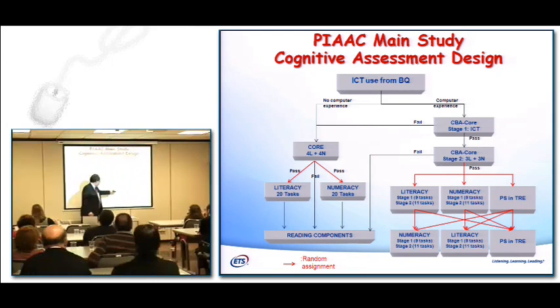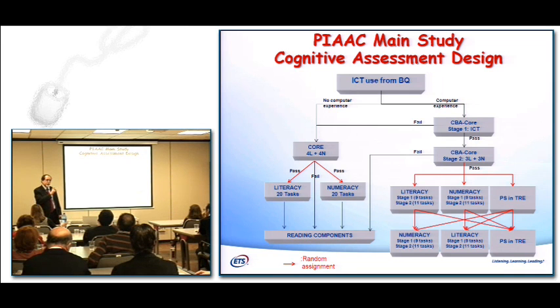And then the computer determines which of the stage 2 testlets they would get, based on the model. So this adds efficiency because you're giving the items closer to the individual's level of ability. So you get better measurement, so that reduces the measurement error.